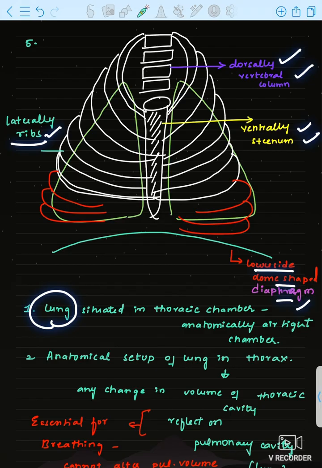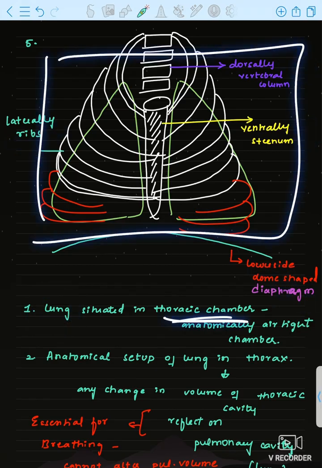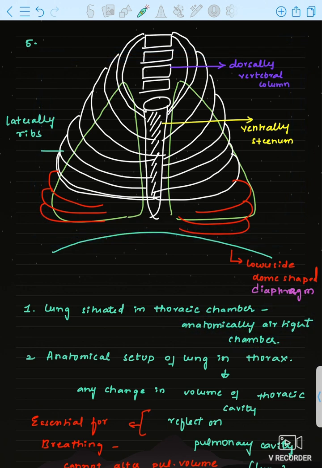See, lung is situated in the thoracic chamber. Okay, anatomically it is an airtight chamber. Air can't escape from this chamber. Okay, airtight chamber. The anatomical setup is like this: back side with vertebral column, ventrally sternum, laterally ribs, and lower side diaphragm.